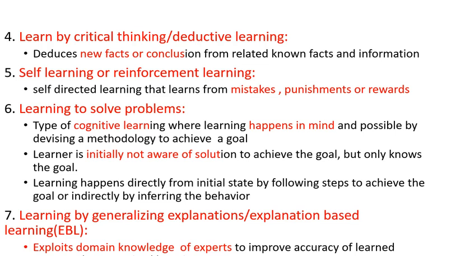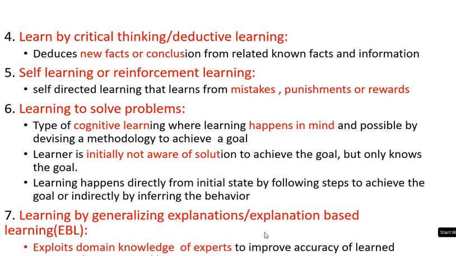So here you learn by using the domain knowledge of the experts, and using their knowledge you improve the accuracy of learned concepts. A very good example of this is again supervised learning, where you use the knowledge of experts to label your data. That is also an example of EBL, or learning by generalized explanations.